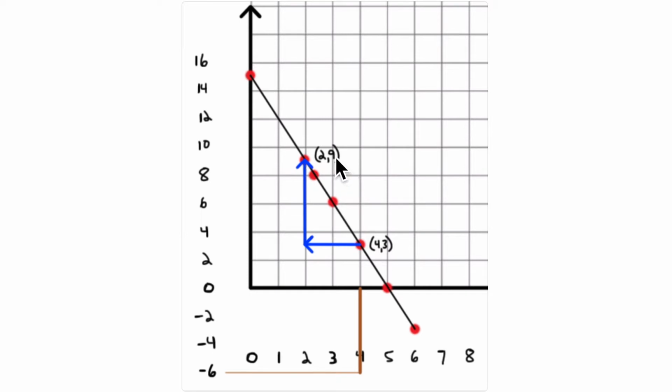So that means it's going to be 9 minus 3. If you started with $3 and ended at $9, you gained $6. So this is a positive 6. If you started at $4 and ended at $2, you lost $2. So this length is negative 2. So you're going to get a positive 6 over negative 2.